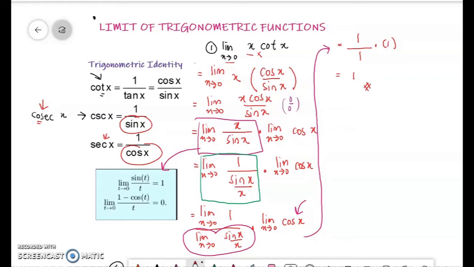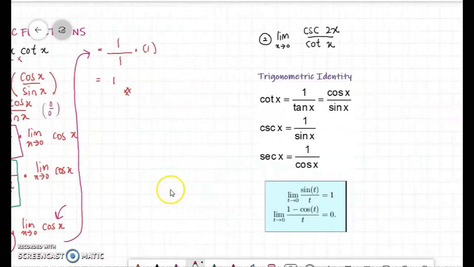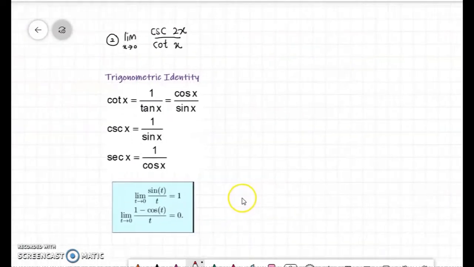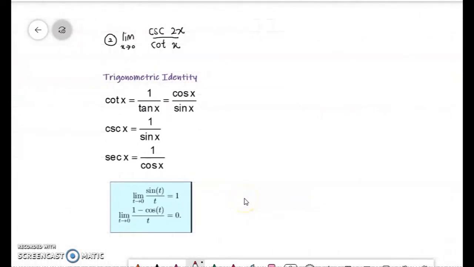Now look at another example. We have limit x approach to 0 of cosecant 2x over cotangent x. The same as the previous example, what we need to do is simplify or separate it first, by using trigonometric identities. Cosecant 2x will be 1 over sine 2x.